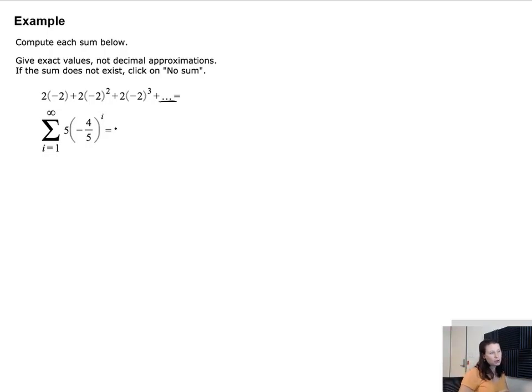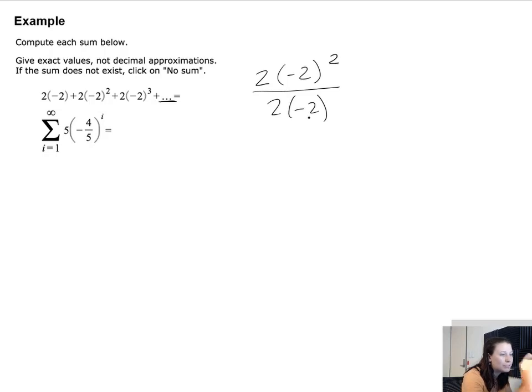First thing we need to do, though, is find r, because if it's greater than 1, there's no finite sum, right? So we have 2 times negative 2 squared over 2 times negative 2, right? That's the second term divided by the first term. So the 2's cancel, and then a negative 2 cancels, and we get negative 2. That's less than 1, so we're good.